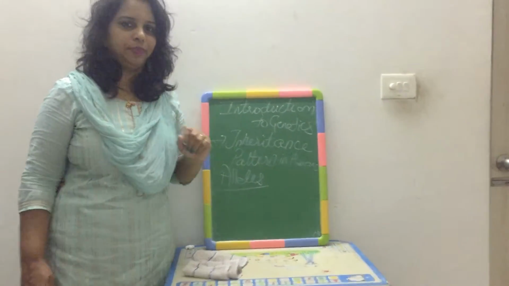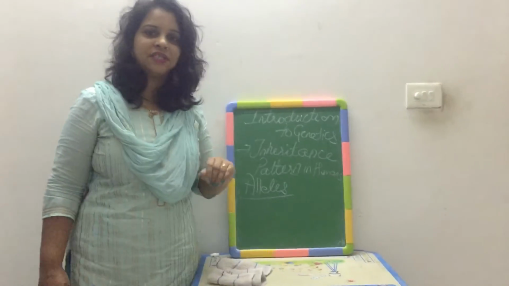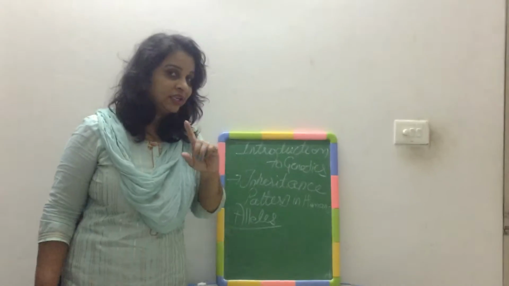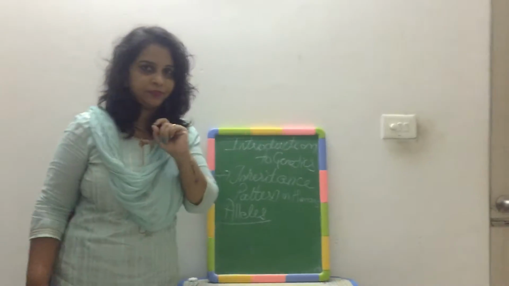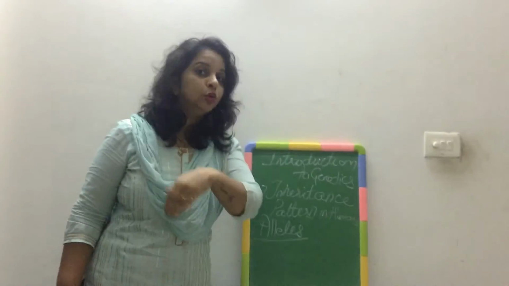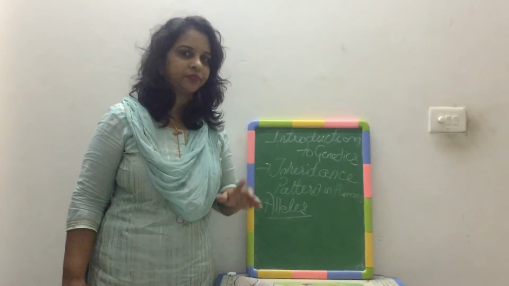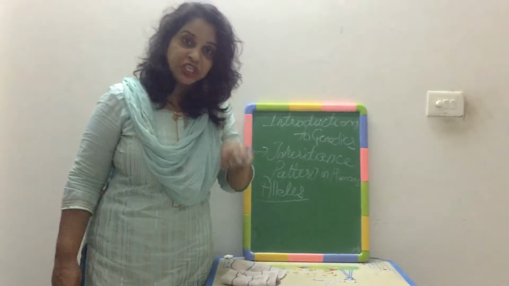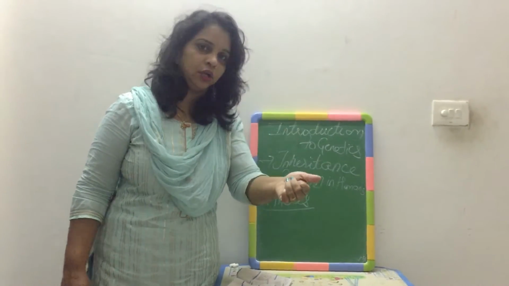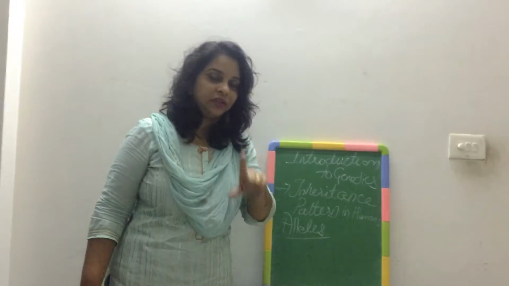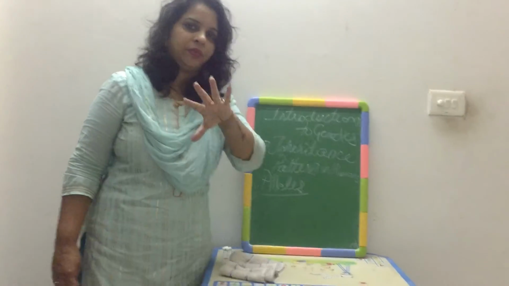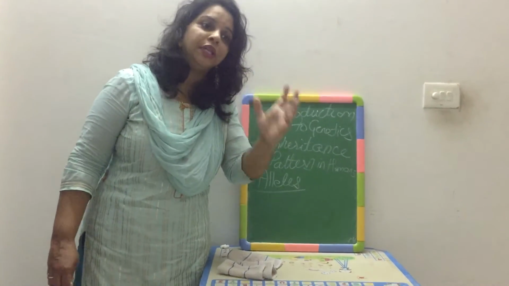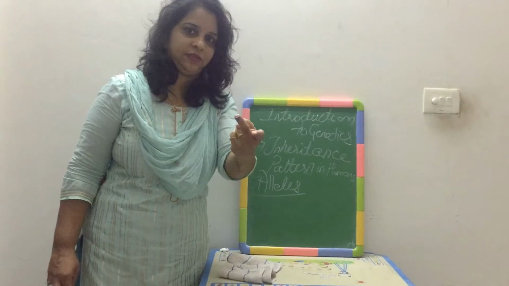I'll give you one example. Many individuals have the characteristic of tongue rolling, while some do not. The character is tongue rolling, and the allele for that particular gene is of two types.